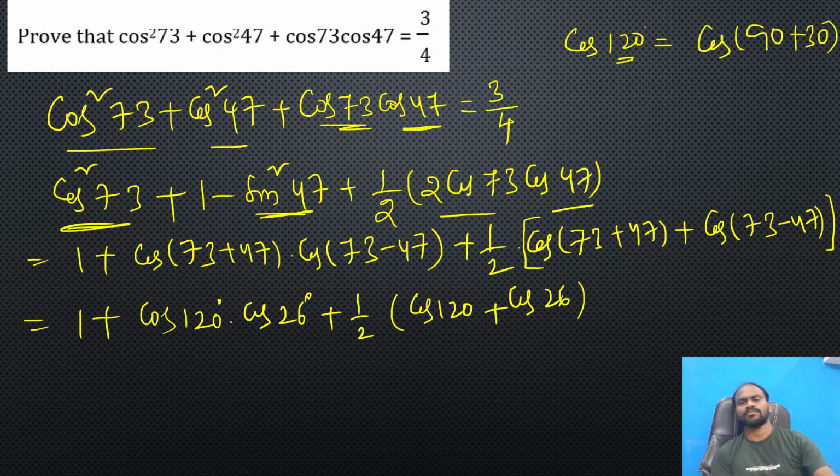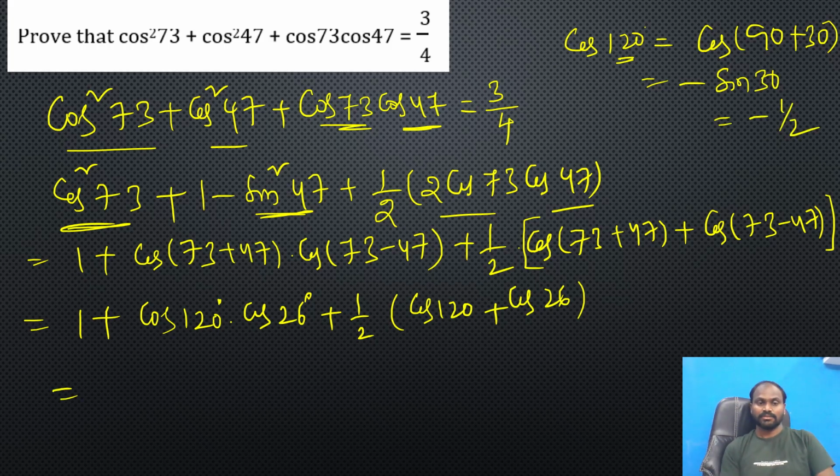Of course, 180 minus 60. Both will give the same answer. Cos of (90 plus theta): 90 plus theta lies in the second quadrant. In the second quadrant, cos is negative, so it's going to be negative, and for 90 it is going to change to sin. So minus sin 30. The value of sin 30 is 1 by 2, so minus 1 by 2. So 1 minus 1 by 2 into cos 26 plus 26.